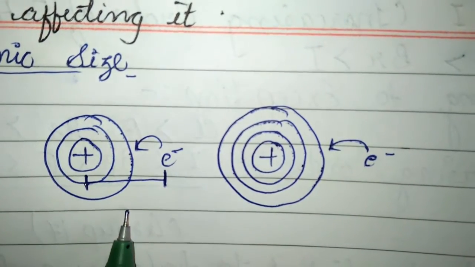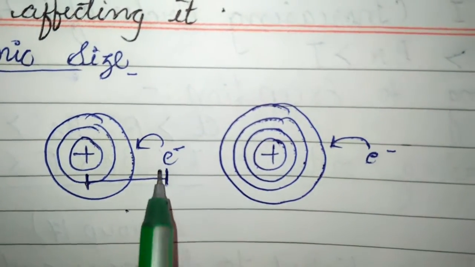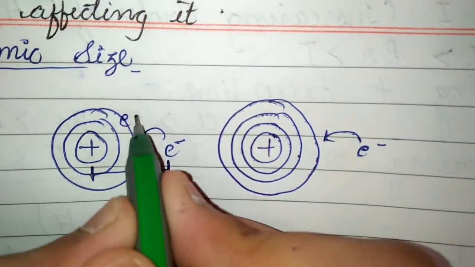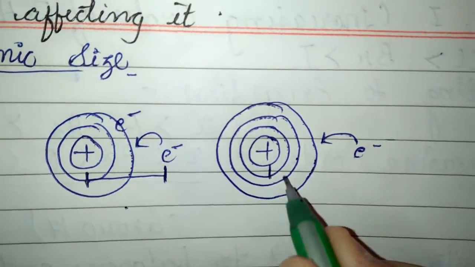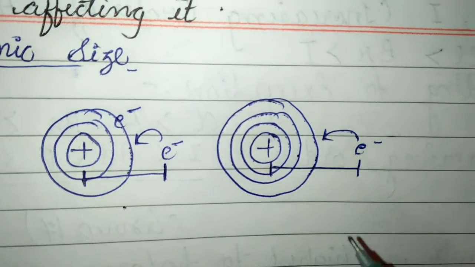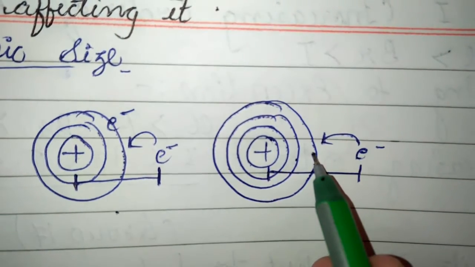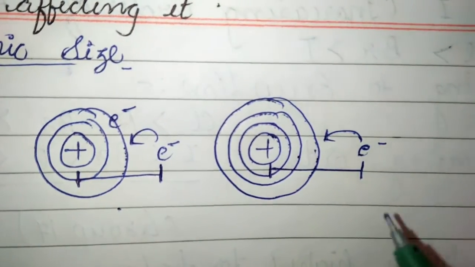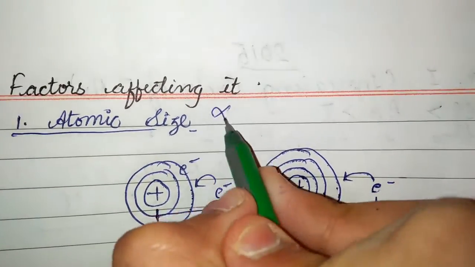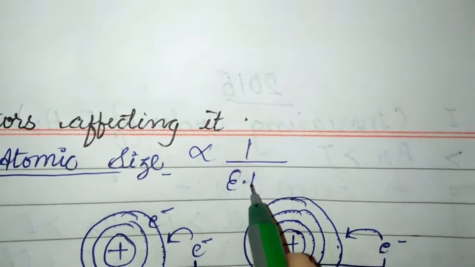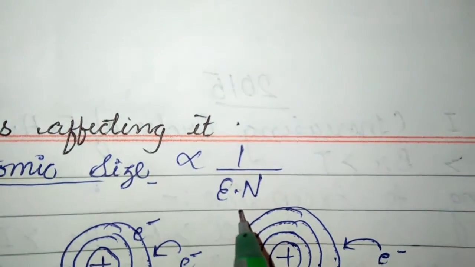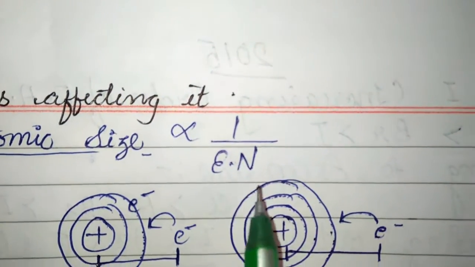Since distance is less here, attraction is more, and this electron can be easily entered into this shell. But here, distance is more and attraction is less, so it is difficult for this electron to enter into the shell. So what we got from here is that atomic size is inversely proportional to electronegativity. Electronegativity can be written in short as EN.